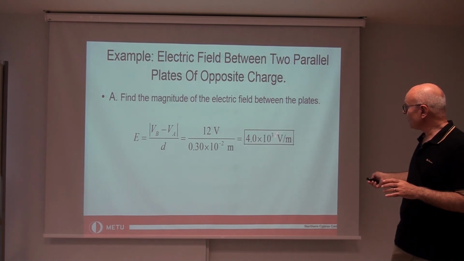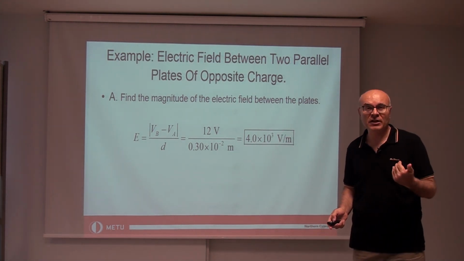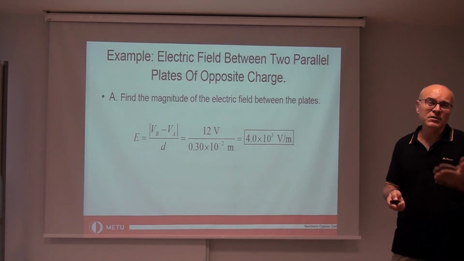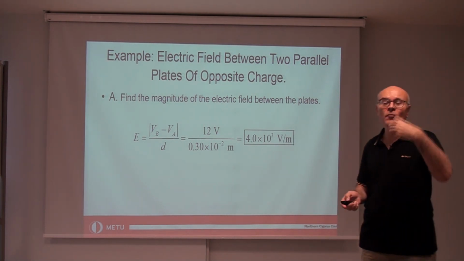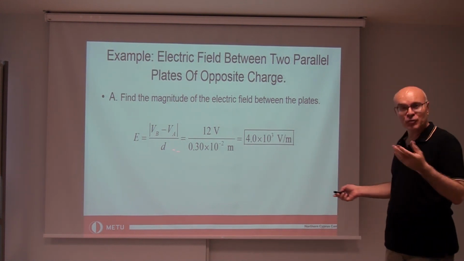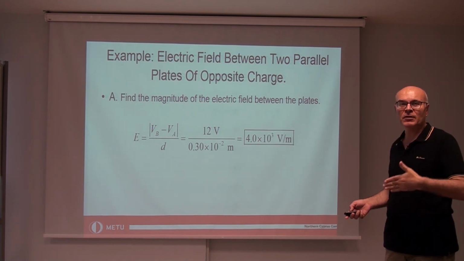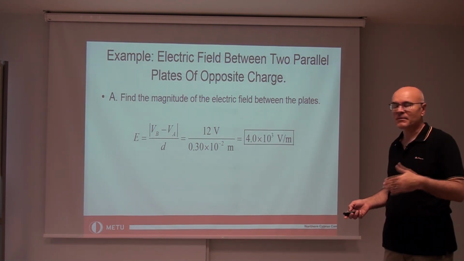Now, this is probably the first time you see volts per meter as a unit for measuring the electric field, because we have been measuring electric fields in newtons per coulomb. But you can show that volts per meter means exactly newtons per coulomb. It's exactly the same.